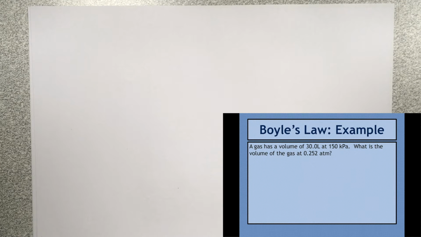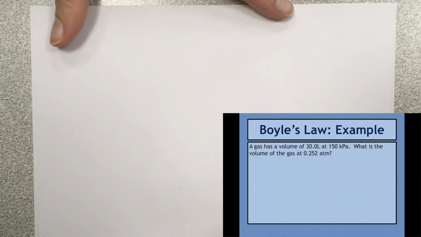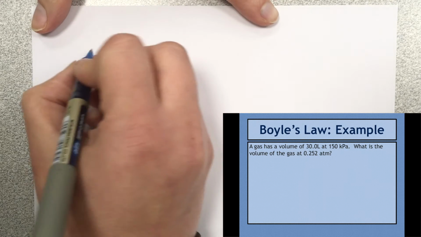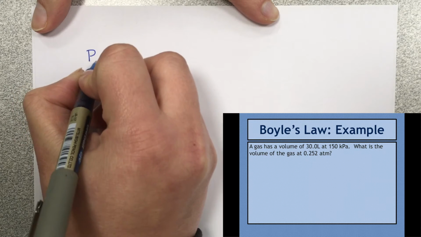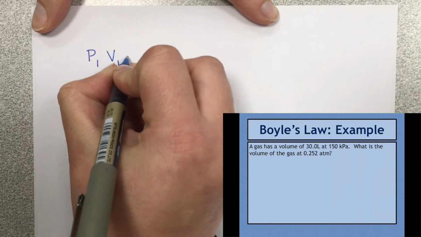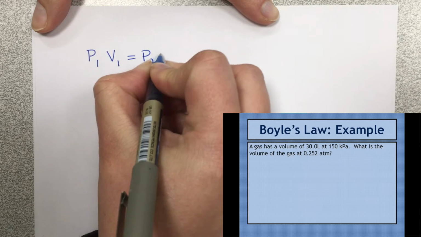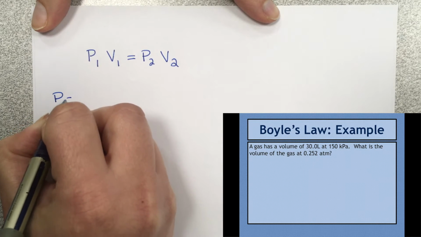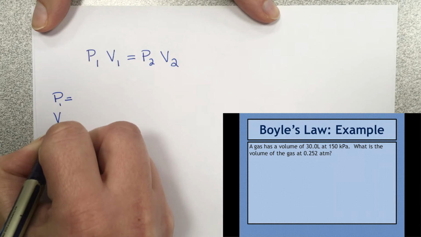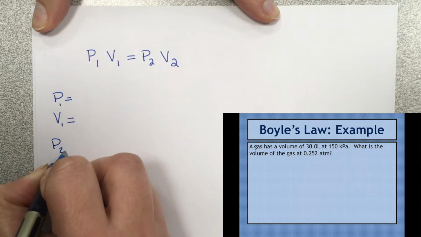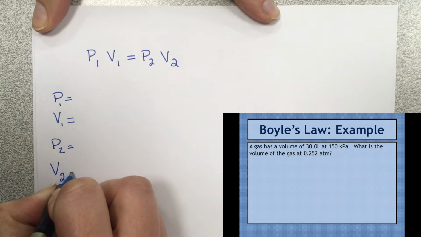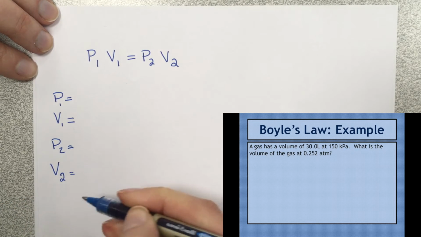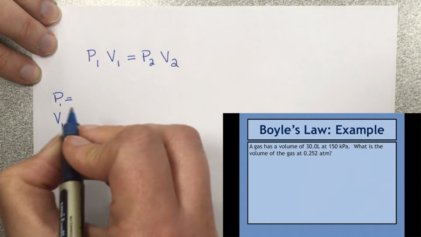All right, so the first question says a gas has a volume of 30.0 liters at 150 kilopascals. So we have our equation, P1 V1 is equal to P2 V2, and we're going to read the question and fill this out.